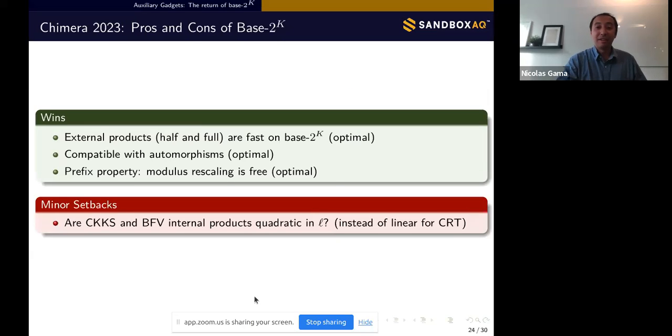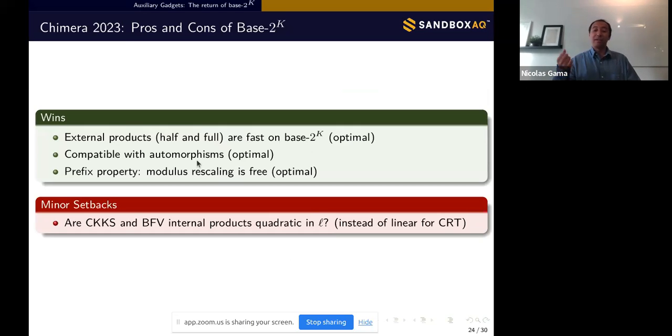So that's the main idea. It works for external products, so half and full external products. If we base it on the base 2^k decomposition, we get something that is optimal. It works also with automorphisms.